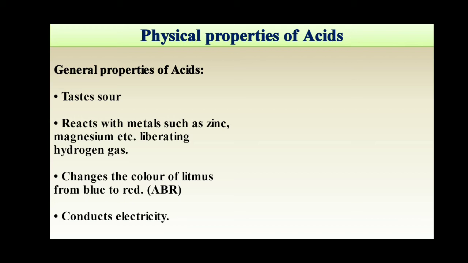The third one, this is the main important property: it changes the color of litmus from blue to red. That means if you take one sample solution and dip blue litmus paper in it, and the color of the blue litmus paper turns red, then you can identify that it is an acid.